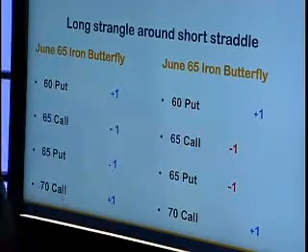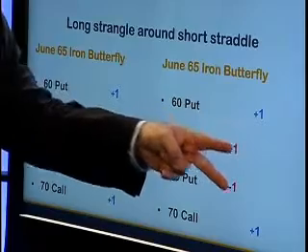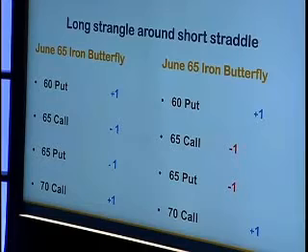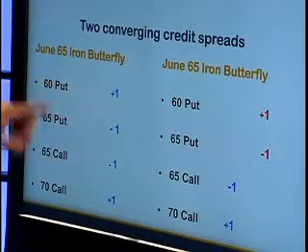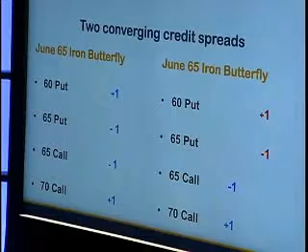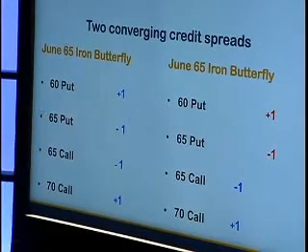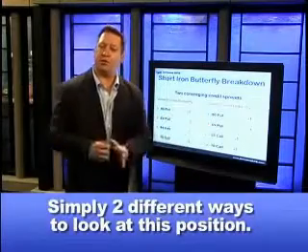We can break down this iron butterfly, if we wish, to look at a short straddle surrounded by a long strangle. Or, take a look at what we have here, the iron butterfly again. Long the June 60 put, long the June 70 call. Short the June 65 put, short the June 65 call. Obviously that breaks down into a, what? Long strangle around a short straddle.